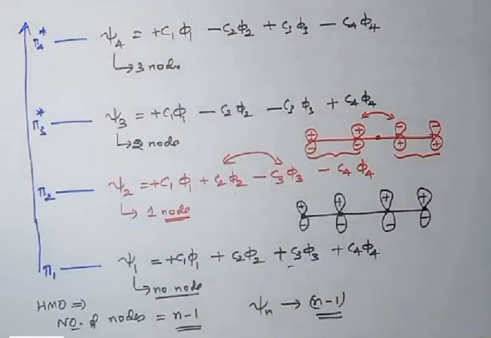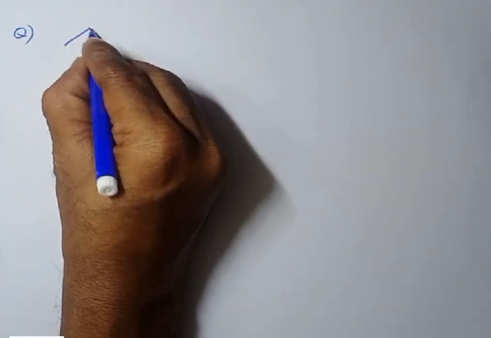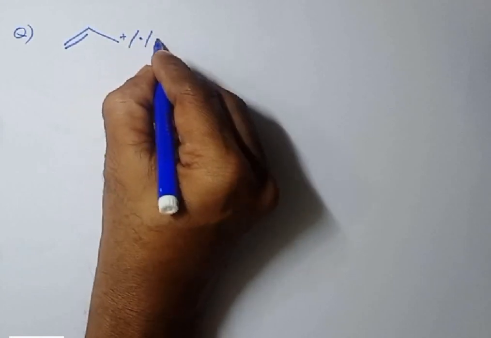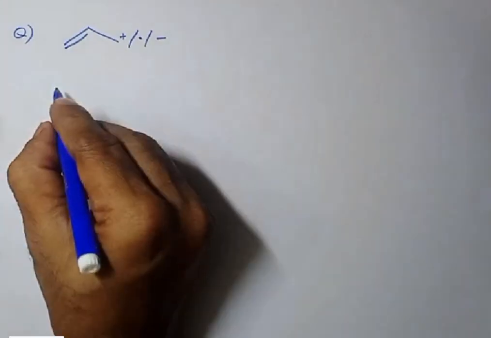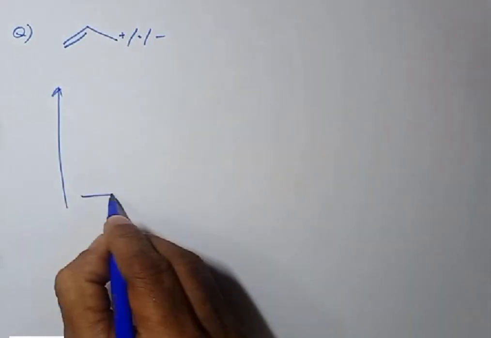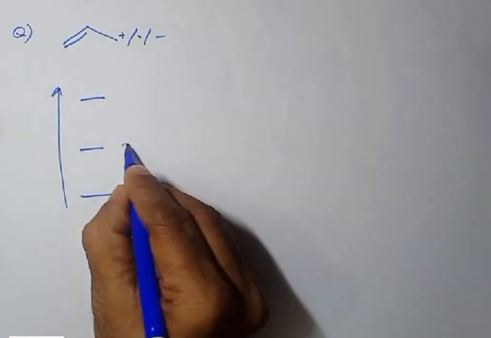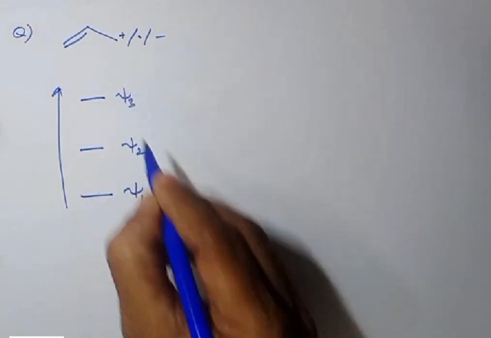Okay, wave function. Right. Now I'll give a question. You try to answer it. In the case of allylic system, allyl cation or allyl radical or allyl anion, whatever it is, we get three molecular orbitals. Okay, this is Psi1, this is Psi2, this is Psi3.